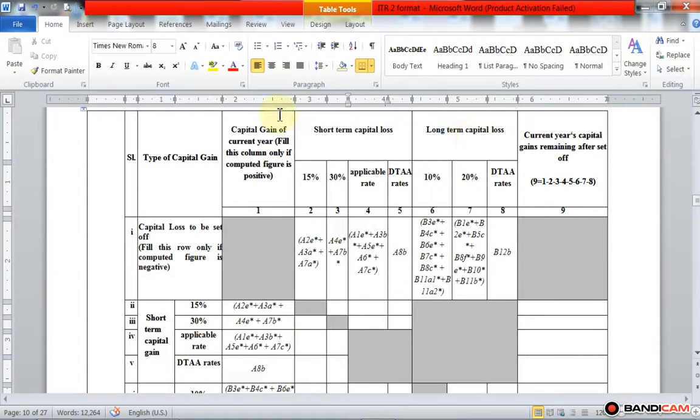Then we set off these losses; short term capital loss and long term capital loss can be set off against the current year's capital gain. So here we deduct the capital loss from the capital gain, and we get the current year's capital gain remaining after set off of the capital loss. Got it?